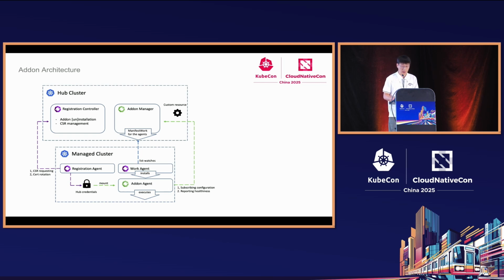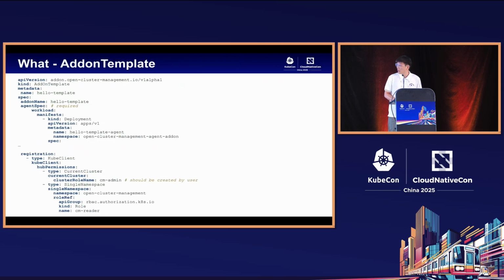Yeah, we also provide an API called AddOnTemplate, which aligns with the two interfaces we already talked about: defining the agent manifests and defining the registration. So with this API, you no longer need to implement these Golang interfaces via code, but can just write YAMLs.